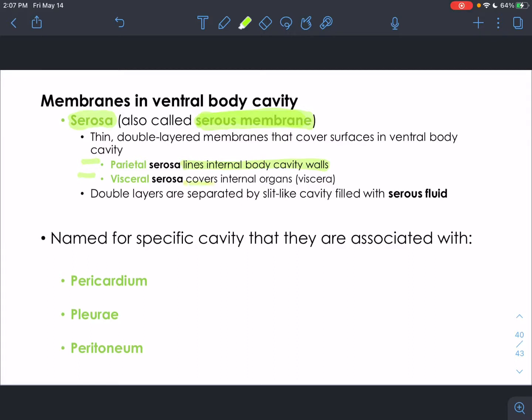The layer that covers the organs, directly is touching your organs, is called the visceral. Okay, and I'll explain this a little bit more in a second. Okay, so there's 2 layers, and in between the layers, there's a fluid called the serous fluid. Okay, you have serous membranes, serous fluid in the middle of it.